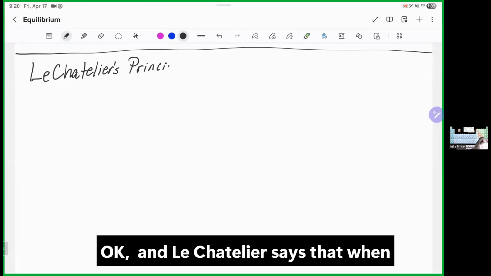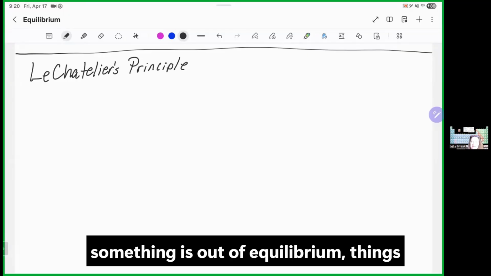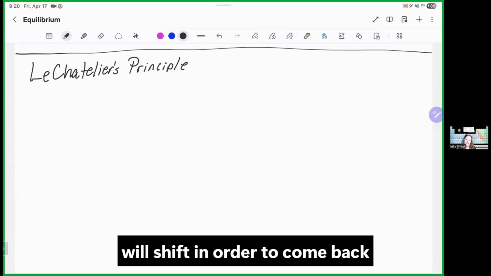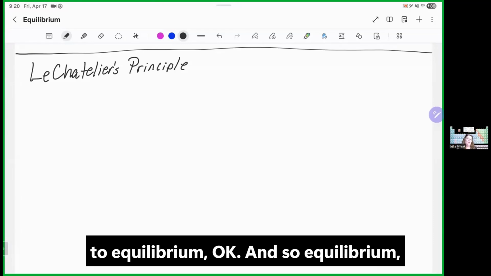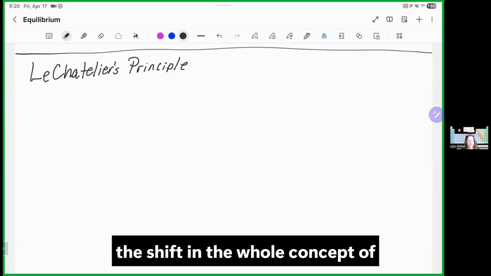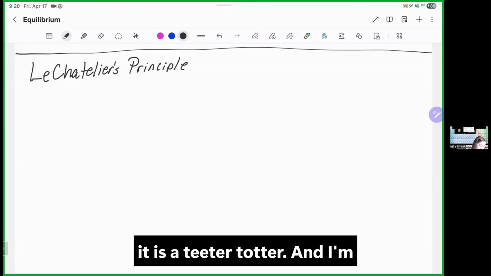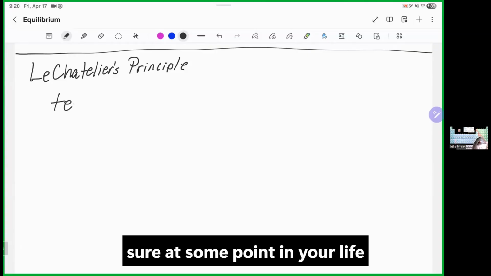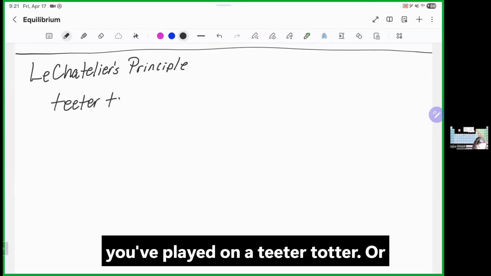Le Chatelier says that when something is out of equilibrium, things will shift in order to come back to equilibrium. And the whole concept of equilibrium and shifting is a teeter-totter. I'm sure at some point in your life you've played on a teeter-totter or a seesaw.